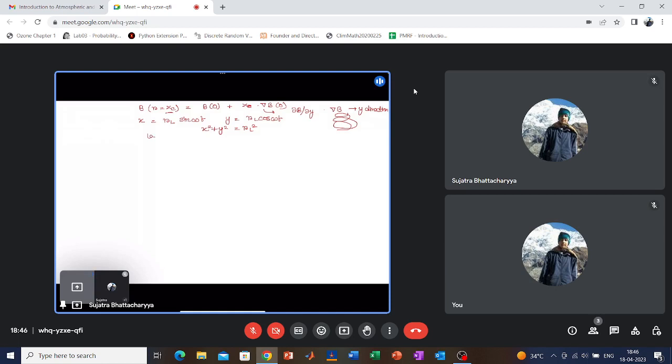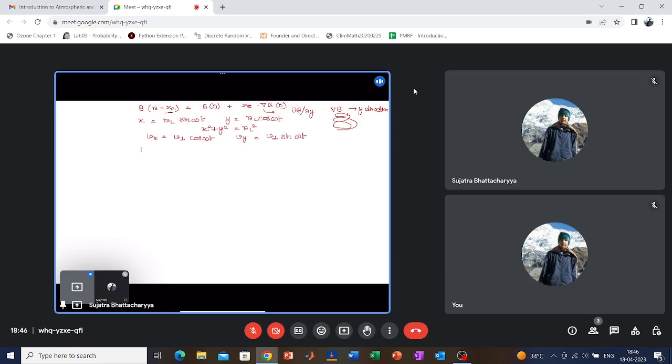Therefore, V_x will be equal to V perpendicular cos omega t. Just the sign will be cos, because if you are differentiating, V_y will be V perpendicular sin omega t.